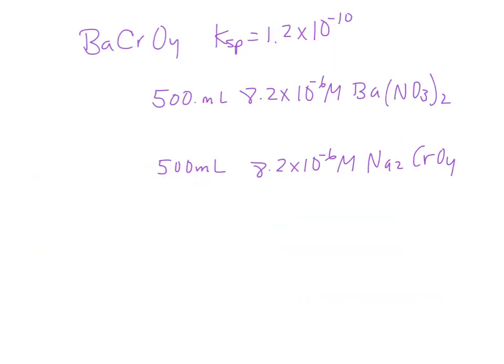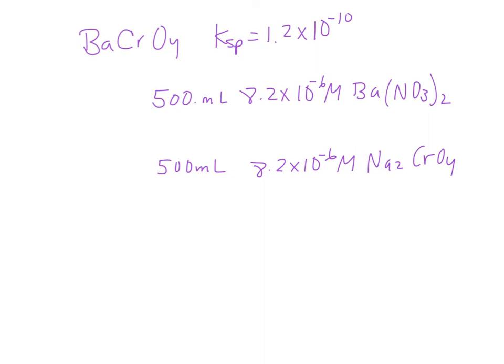Okay, the given information in this problem is that we have 8.2 times 10 to the negative 6 molar, 500 milliliters of barium nitrate. So the question says, assuming the volumes are additive, calculate the molar concentration of barium 2+ and chromate in the 1 liter of solution.